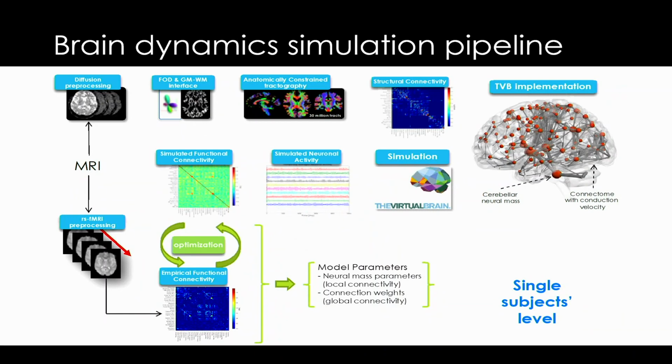And the other important thing is that this kind of pipeline, this kind of simulation, as Spase said, can be done at single subject level. So each different subject has a different connectome, a different simulation, different functional dynamics.